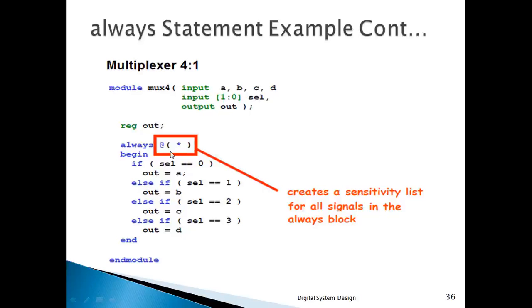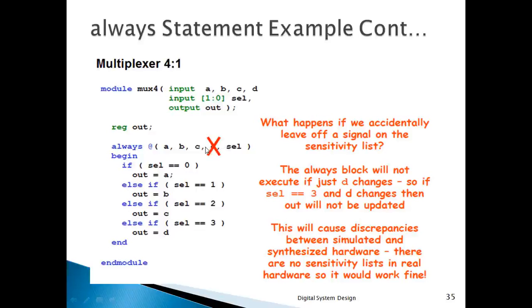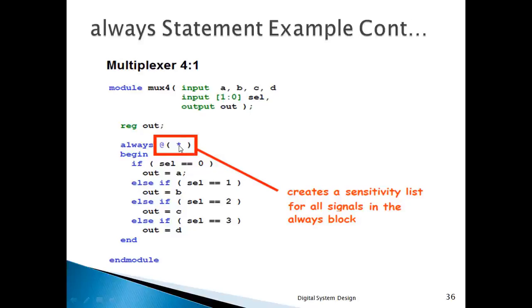To avoid listing all of the variables, if a star is used here, it means that all of the signals included in this always block will be included in the sensitivity list.